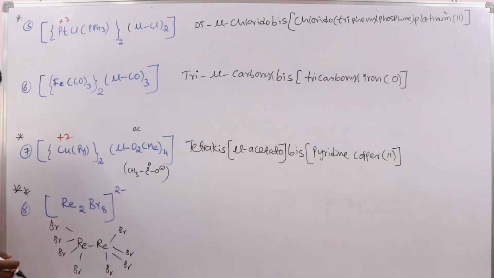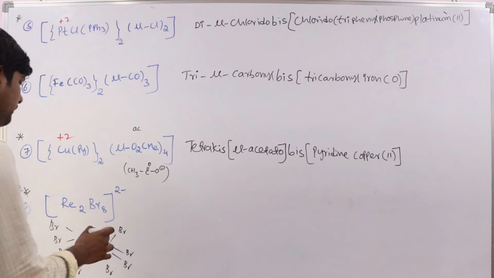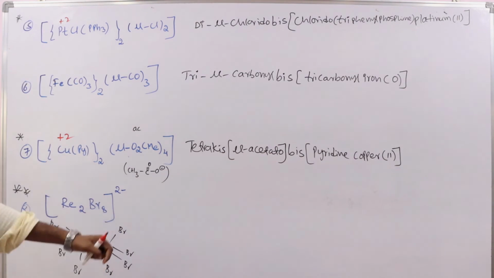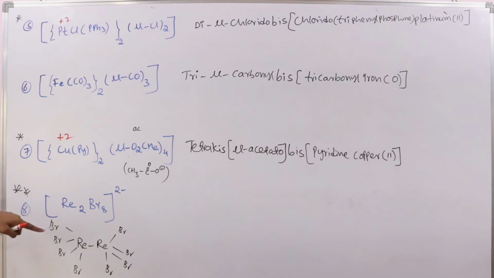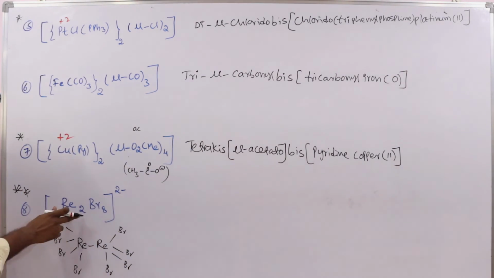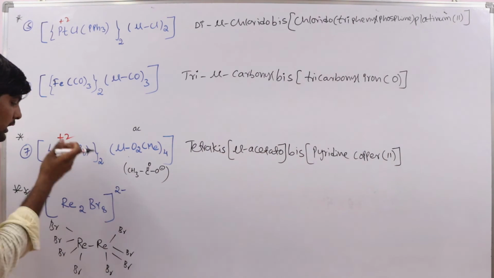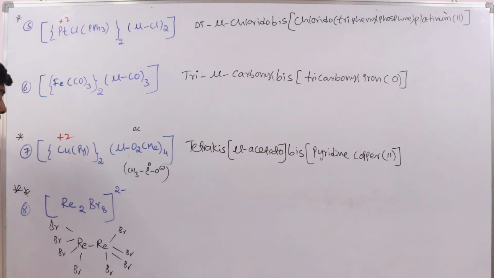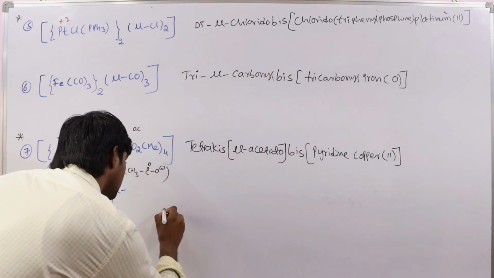We have a metal bond present here. We already discussed this type of example with manganese. In total, how many bromines are present? 8 bromines. How many rhenium are present? 2 rhenium atoms. And we also have a negative charge present on the complex.